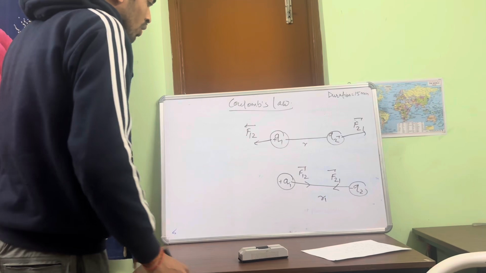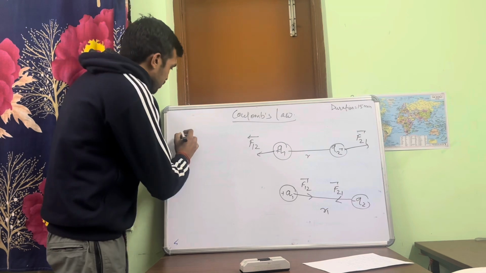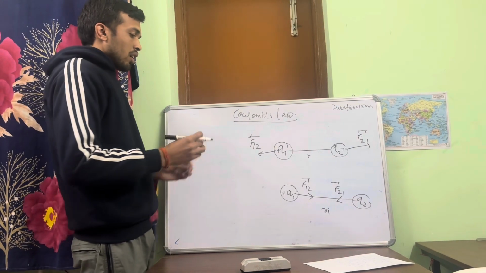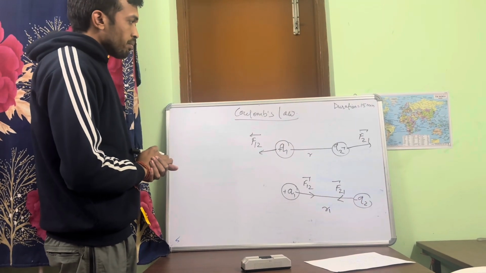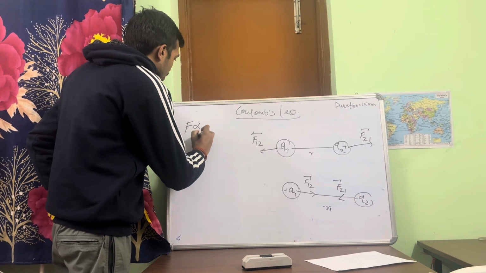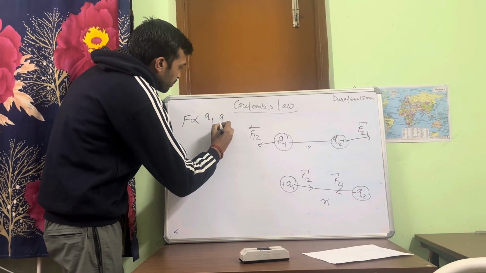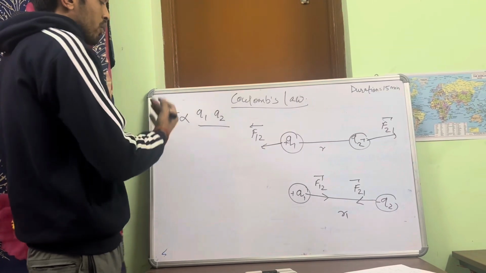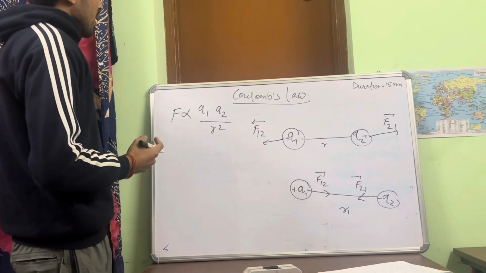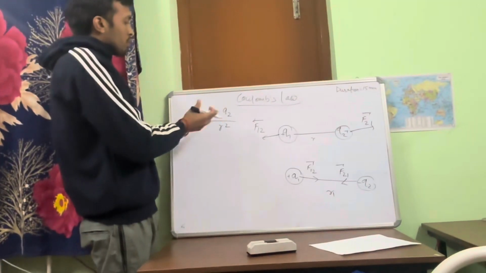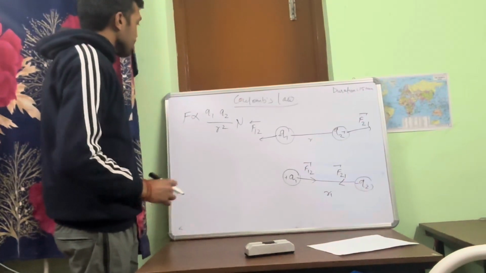Okay. So according to the statement, if two charges have some distance r, then the force is proportional to the product of the magnitudes of the charges and inversely proportional to the square of the distance between the two charges. As we know, the unit of this force is Newton in the MKS system.